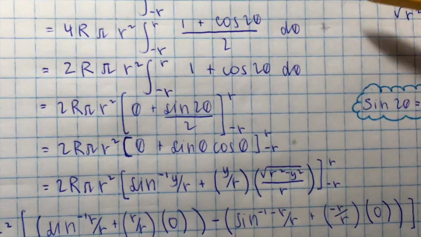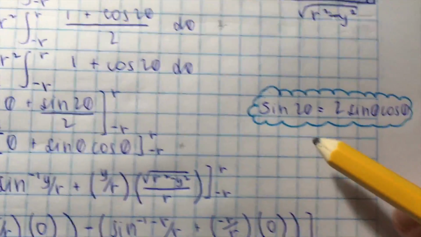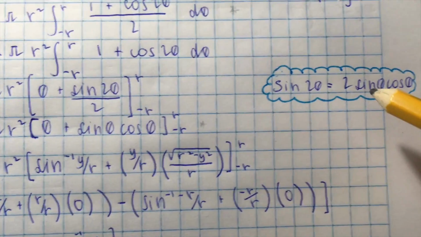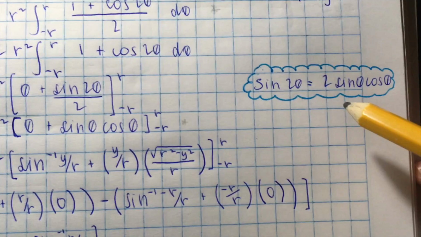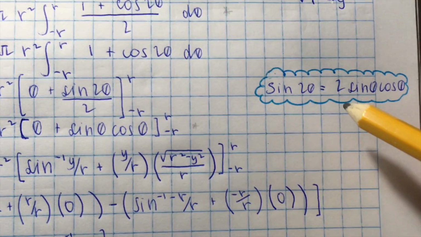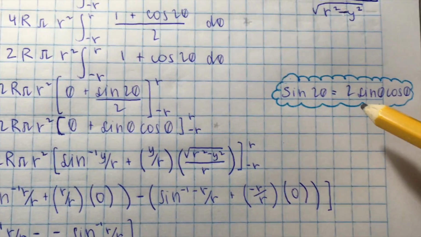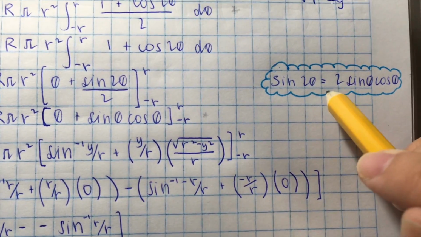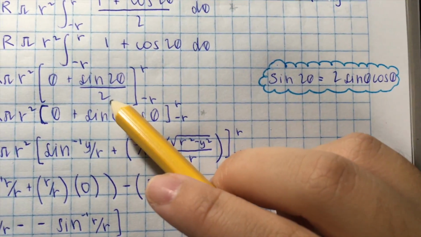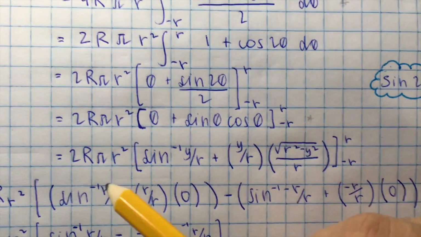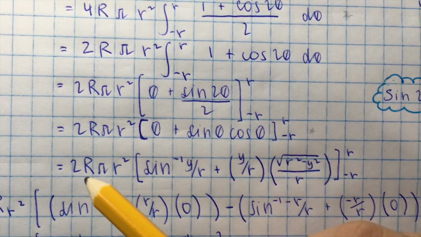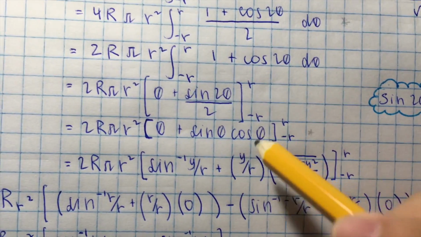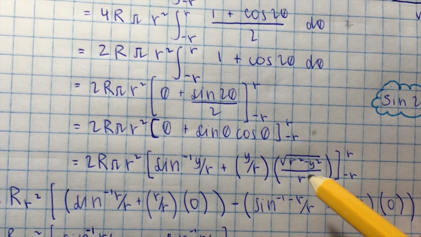And we know that sine of 2 theta is equal to 2 sine of theta cosine of theta, and we can replace this here, and so we're left with sine of theta cosine of theta, as this 2 cancels with this 2. And now we can replace the value of theta as well as these values in order to be able to solve for y.